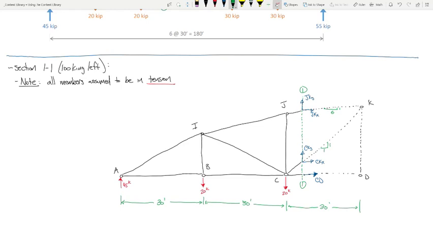So the dimension from A to I is 15 feet. This one is, I believe, 10 feet. Can anybody tell me what's that dimension from J to K? What is this dimension right here? Anybody get that? 5 feet. 5 feet, okay. So that makes this total height 30.